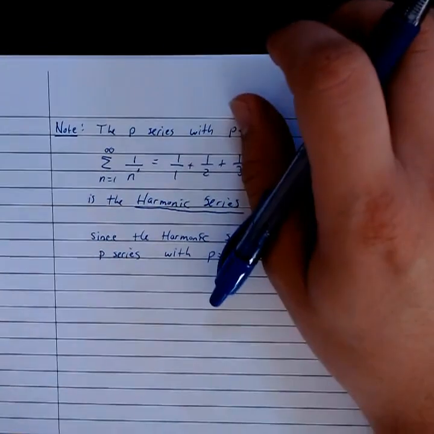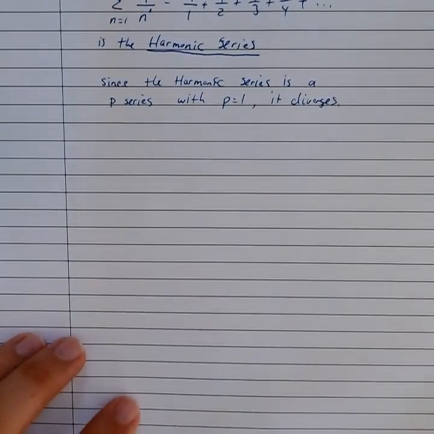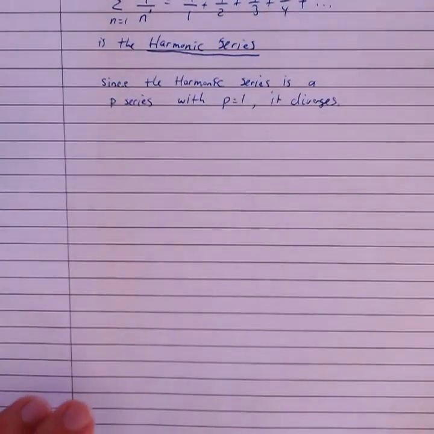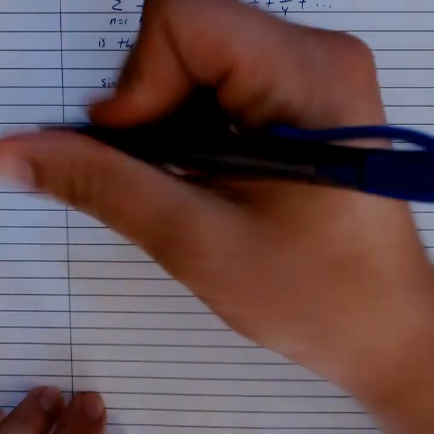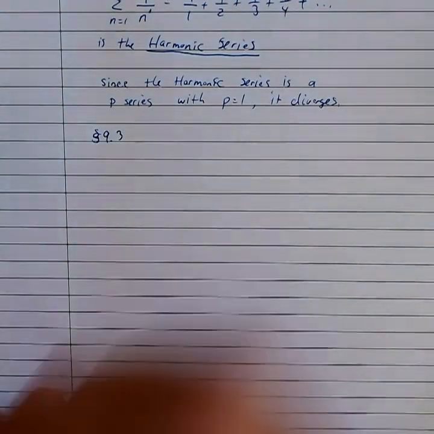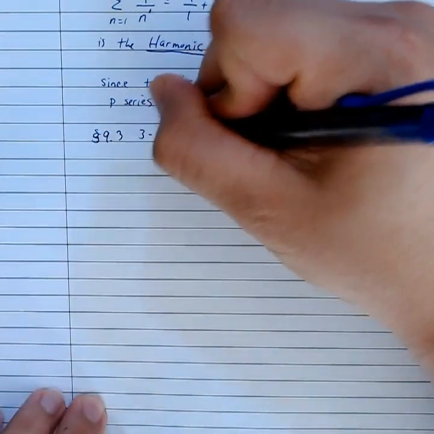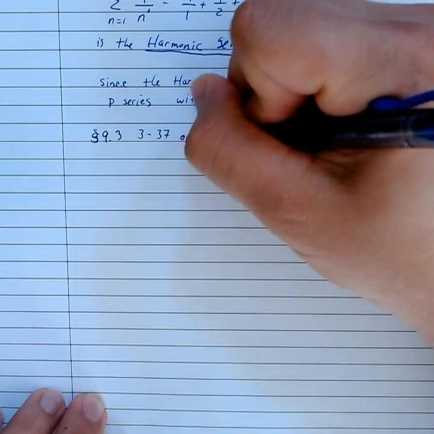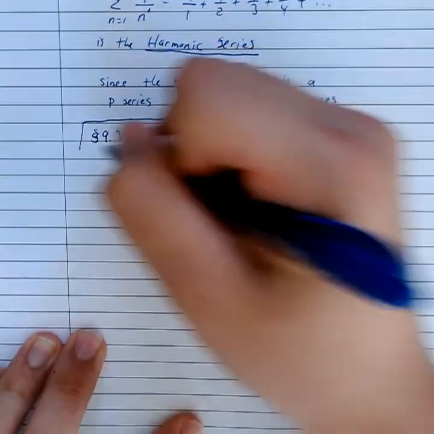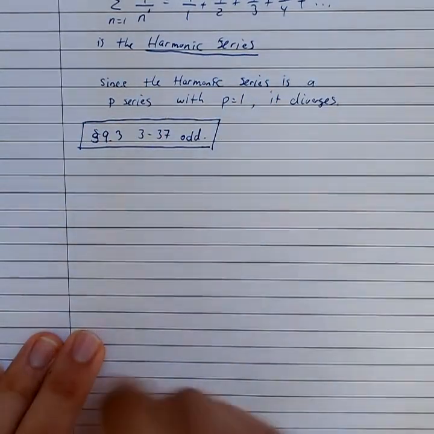But in any event, that is it for the section. Let's see here. For a little bit of extra practice, you should try the following problems. Section 9.3. Go ahead and try problems 3 through 37 odd. This is the practice for the section.